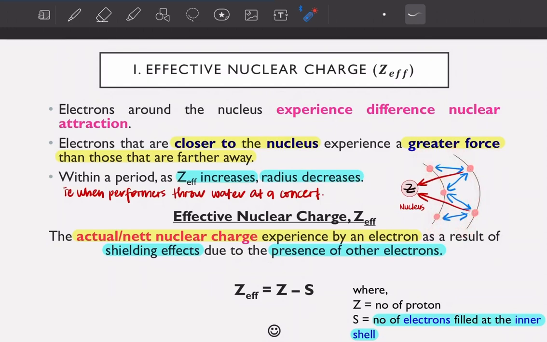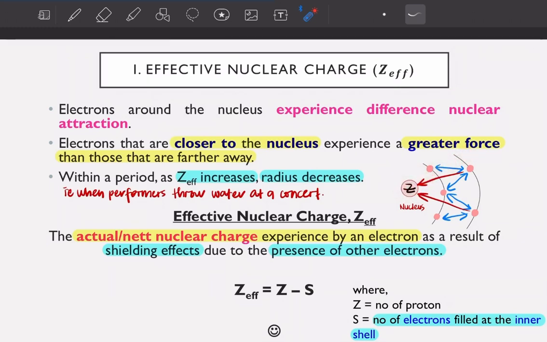Okay, so your nucleus ni has protons in it, so it will have a nuclear charge. Since proton is positive, it is actually the force that will attract your electron towards the nucleus. Dia akan tarik. So nuclear charge tu basically a force lah yang tarik your electron towards the nucleus.